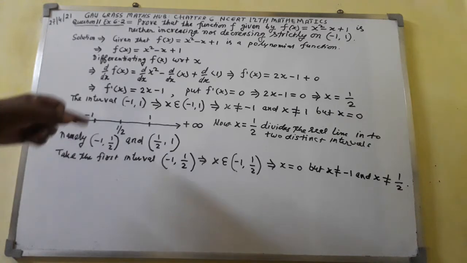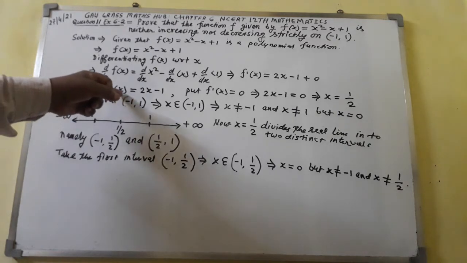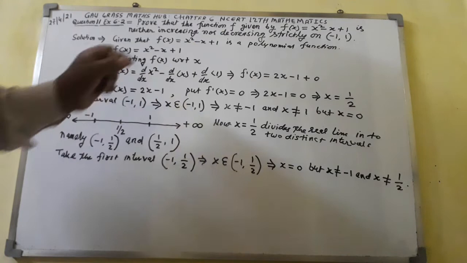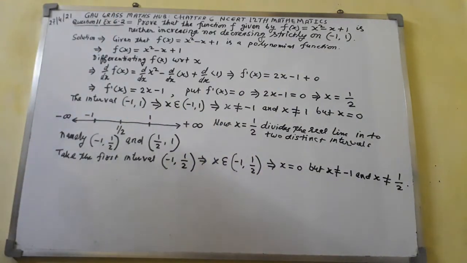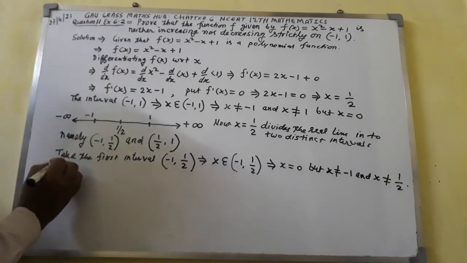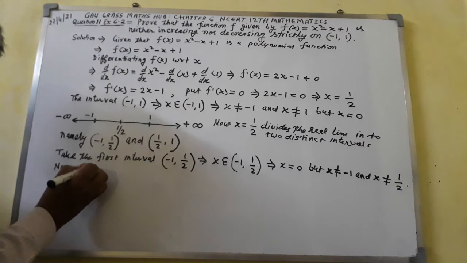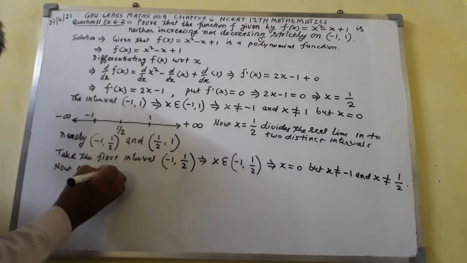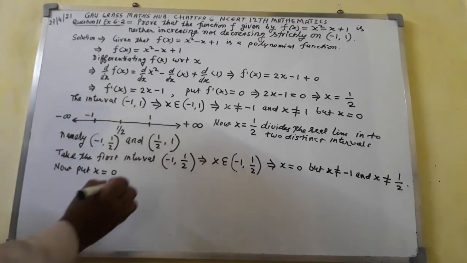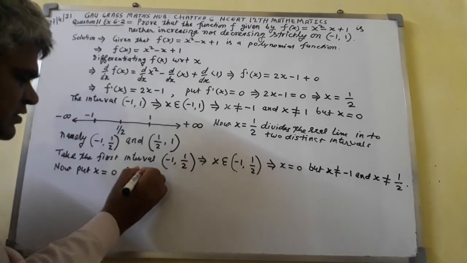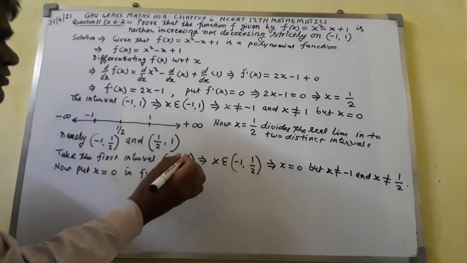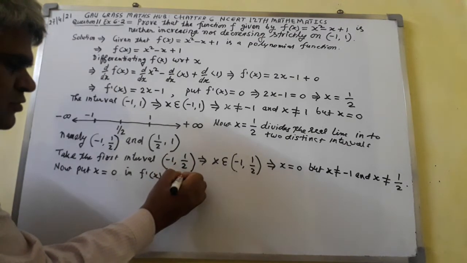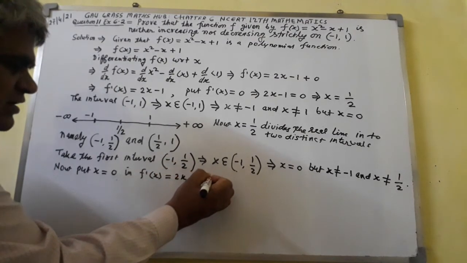in f dash x equal to 2x minus 1. So we shall see now, put x equal to 0 in f dash x equal to 2x minus 1.